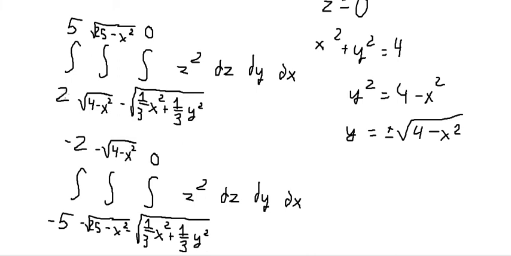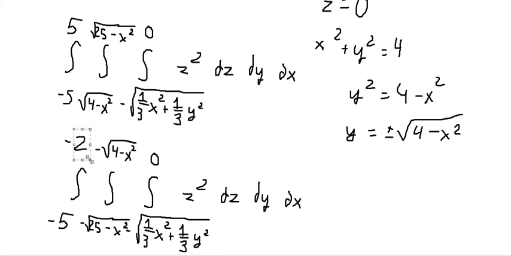From 2 to negative 2, they will set up the same. So if we combine the two intervals, from 0 to 2 and from 0 to negative 2, in this situation I will change 2 into negative 5, because 5 is the highest radius.